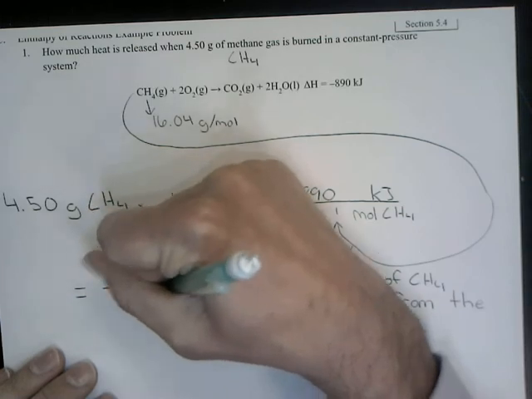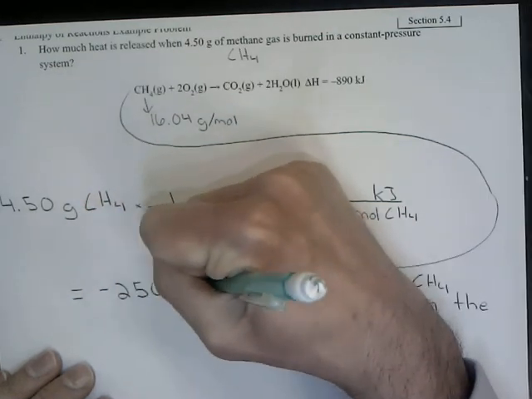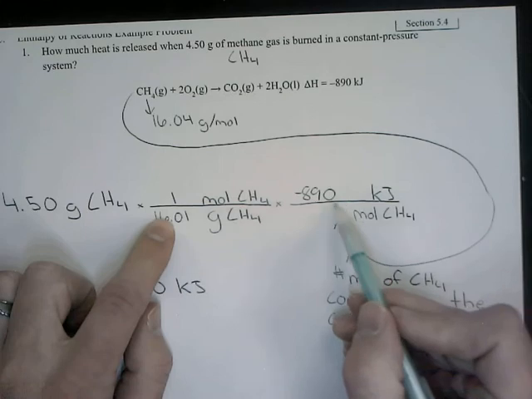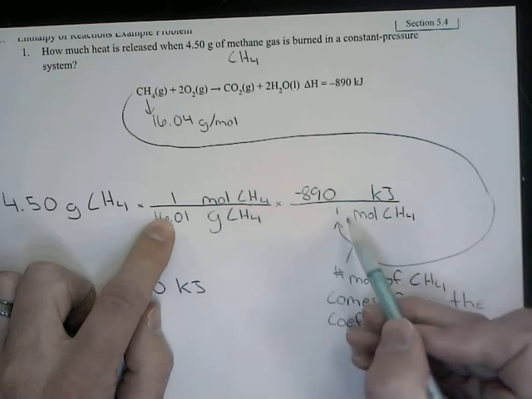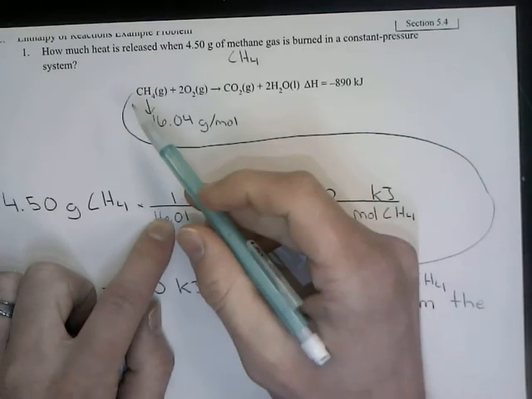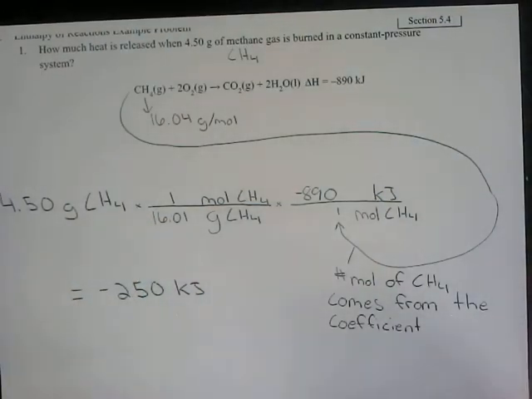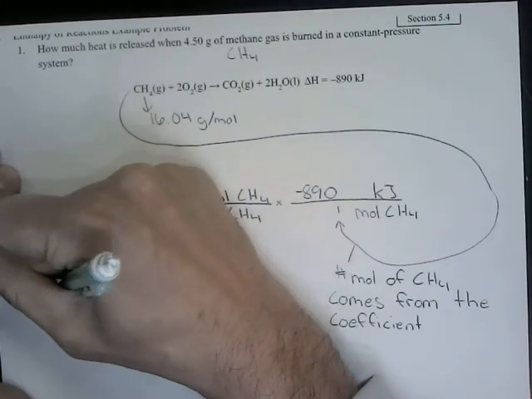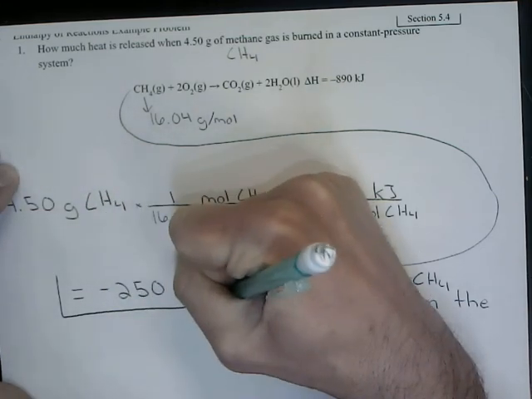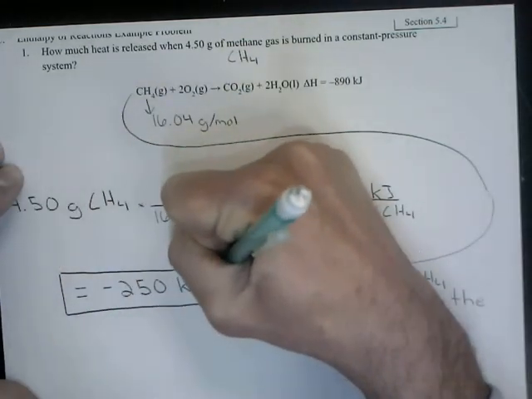So again, the key takeaway for all of this is you need to get it into moles, and this mole down here in the bottom right-hand corner becomes your coefficient. So if we would have had a 2 or a 3, we would have put that respectively. And so that is how much heat is released when we have 4.5 grams of methane.